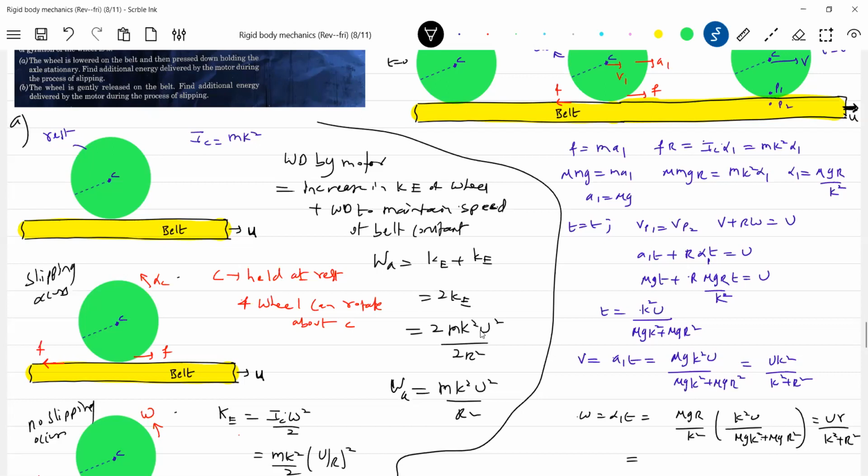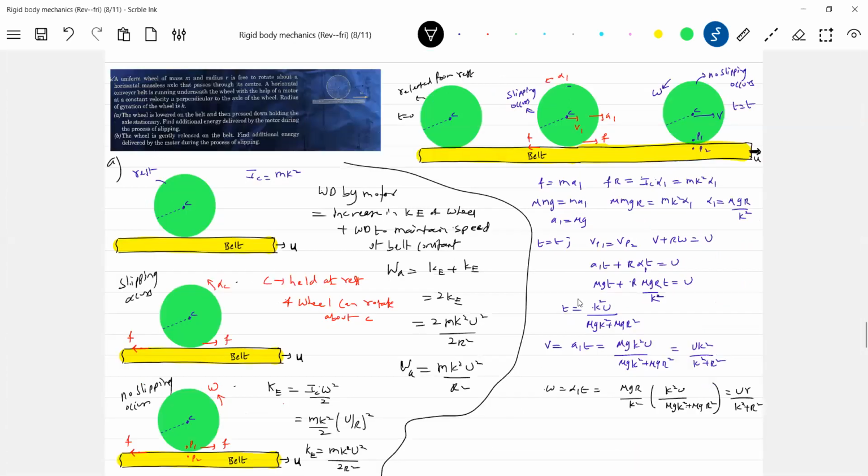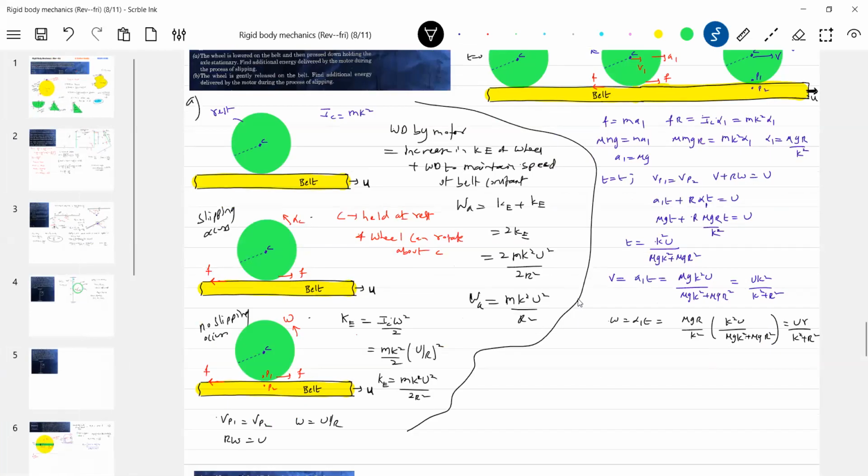Okay, this we know, omega. So then the kinetic energy of the wheel when no slipping occurs.